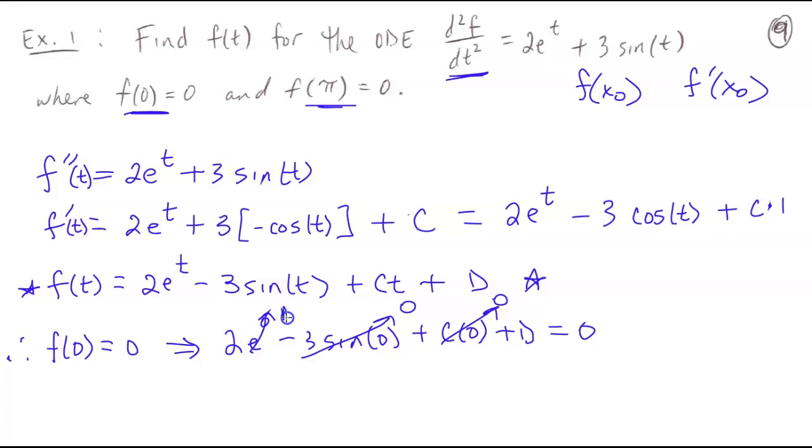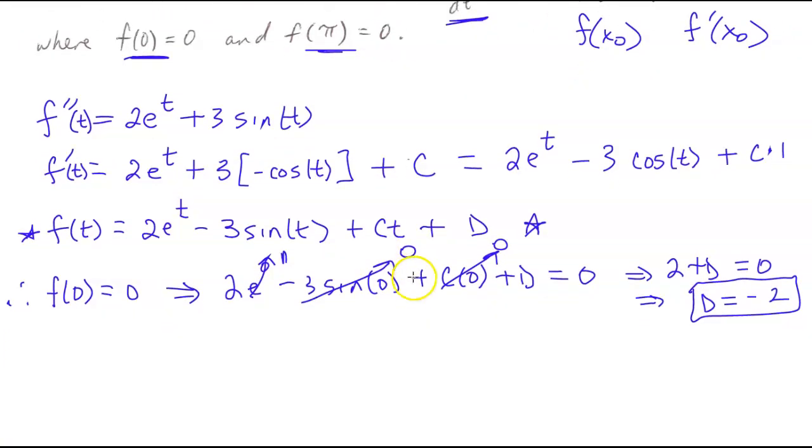E raised to the 0 is 1. So what we essentially have here is 2 first term minus 0 plus 0 plus d, and that is equal to 0. And here we can easily see that d ends up being -2 in this instance.